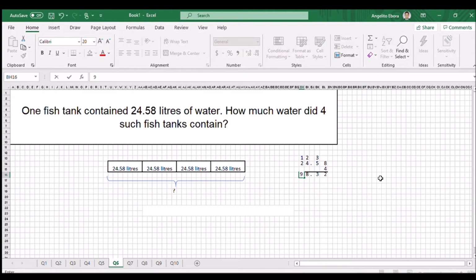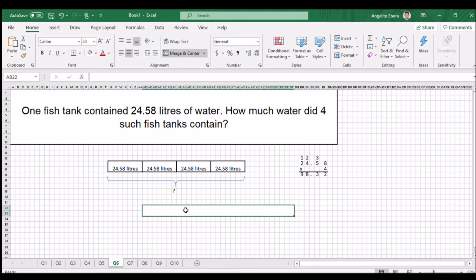So the answer is 98.32 liters. Our number sentence is 24.58, sorry, multiplied by 4 is 98.32.